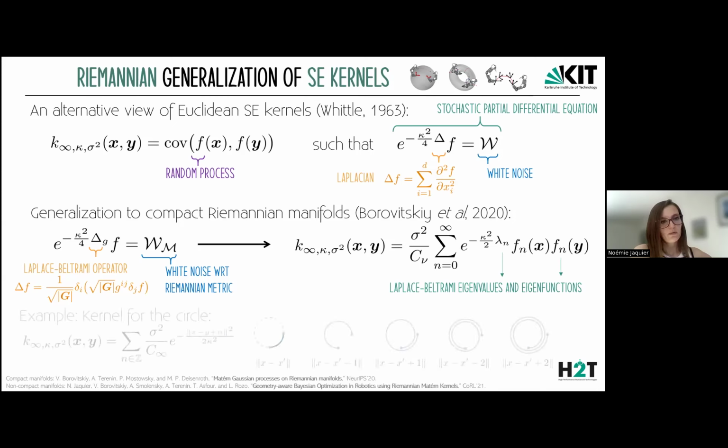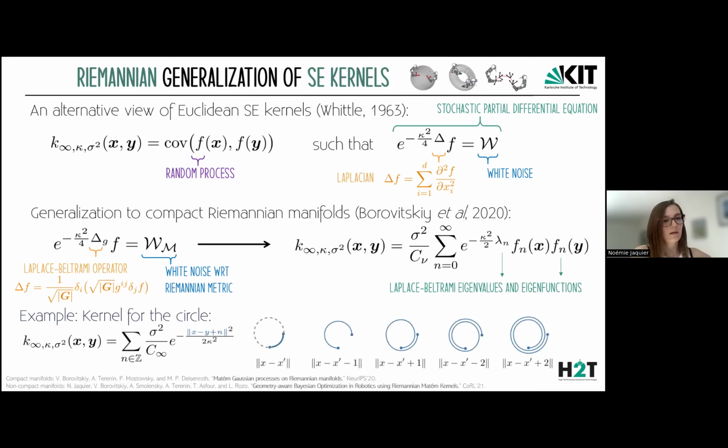To give you an example of how those kernels look, you can see here the formula for the kernel on the circle. Again, we have this infinite sum, over the space of integers this time. Here, x and y are the 2 points that we are given as input to the kernel, and we have this integer n.